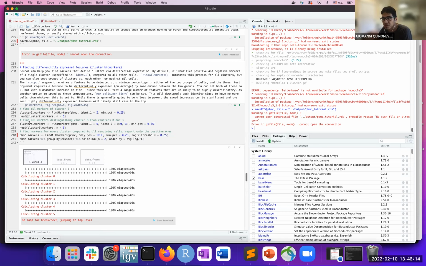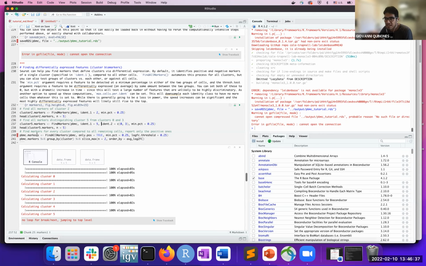And the third line of code, actually, in line 237, is performing pretty much the same function for cluster number 5, but instead of comparing it to everything else, it's comparing it to clusters 0 and 3.